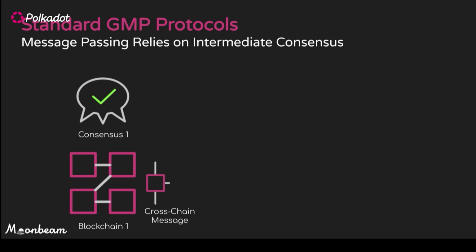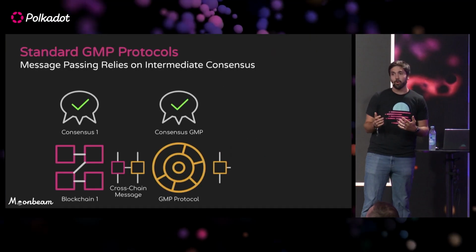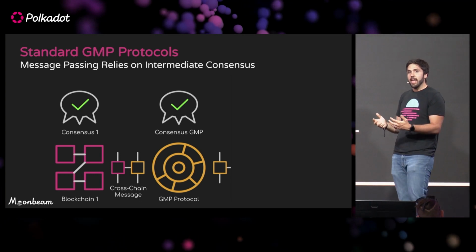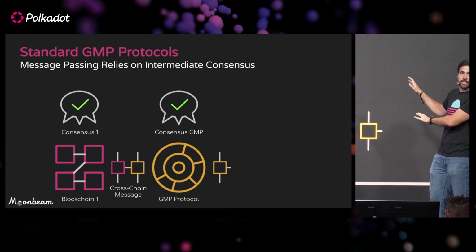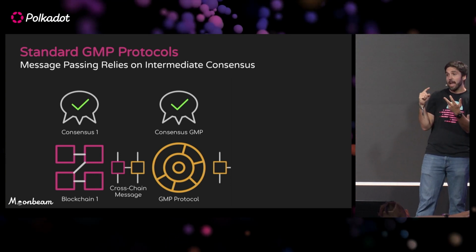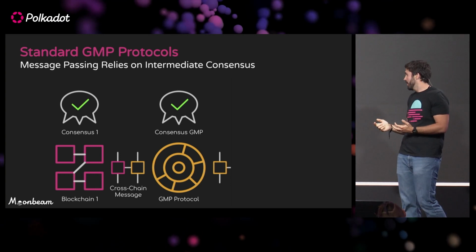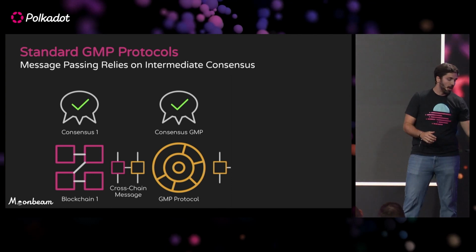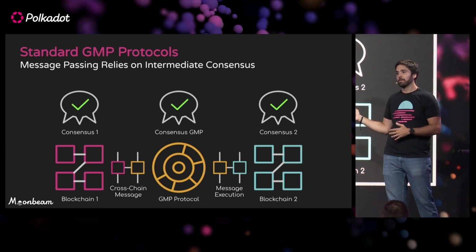What this means is that the GMP protocol will fetch that message, will interpret it, and it will have its own consensus mechanism, right? That could be a multisig, MPC, a network like Axelar proof of stake. And then it will execute that message on the other consensus mechanism.